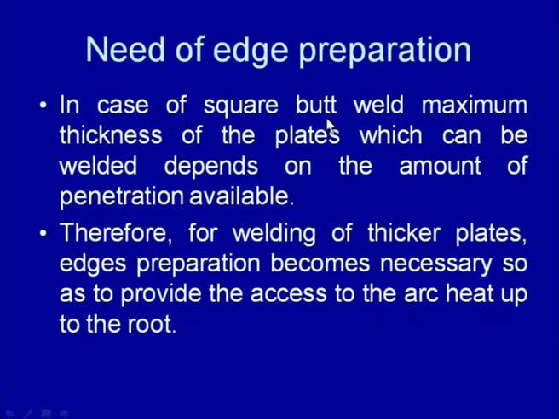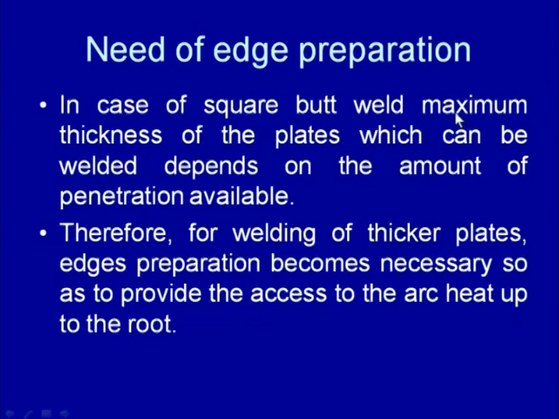So, if greater is the depth up to which melting is possible, it will allow us to use the square butt welds without edge preparation for thicker plates. So, the maximum plate thickness up to which this square butt weld can be used will be governed by the kind of penetration which will be available for a given process and the welding conditions.